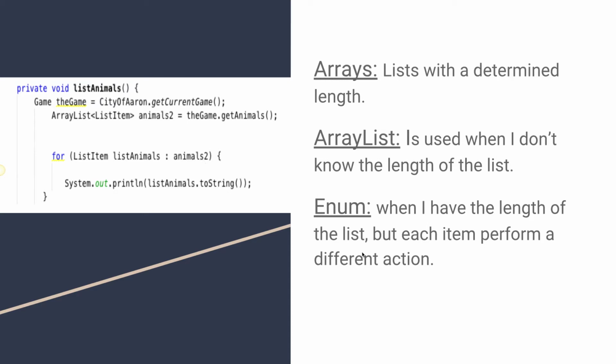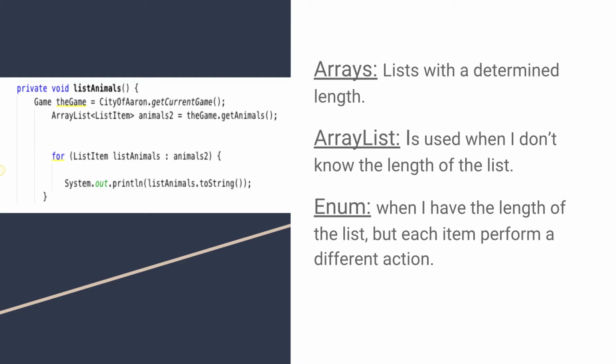The enum is like arrays, used when we know the length of the list, but each item performs a different action. For example, I want to make a list of days of the week. I know how many days there are in a week.